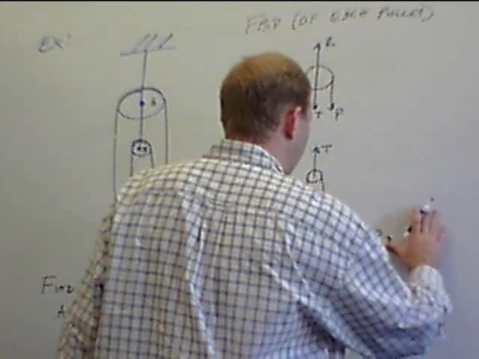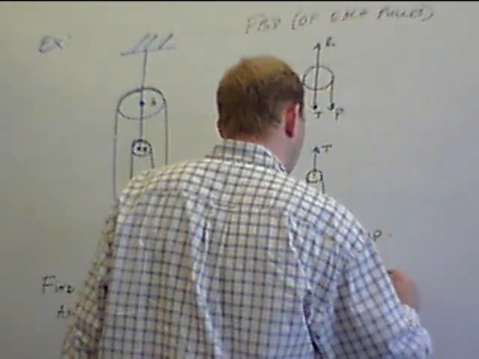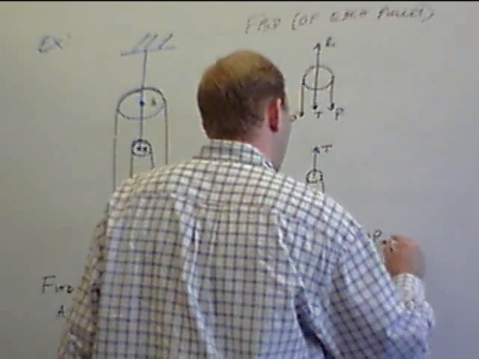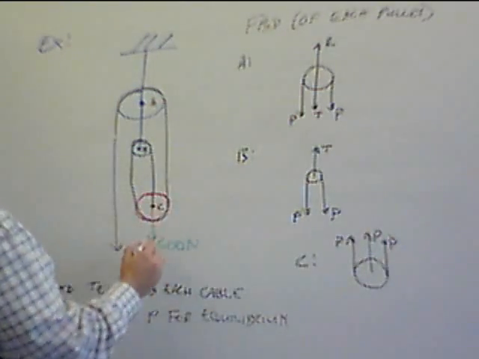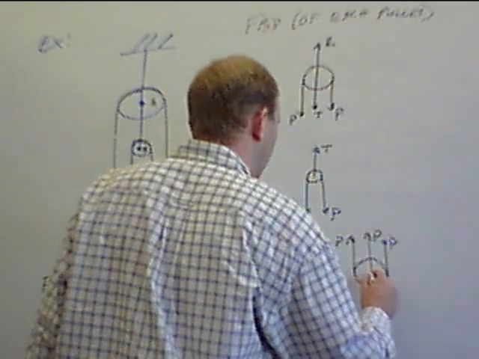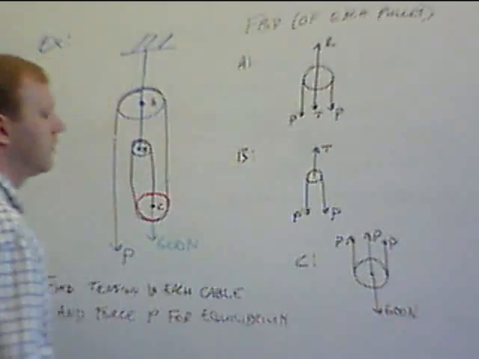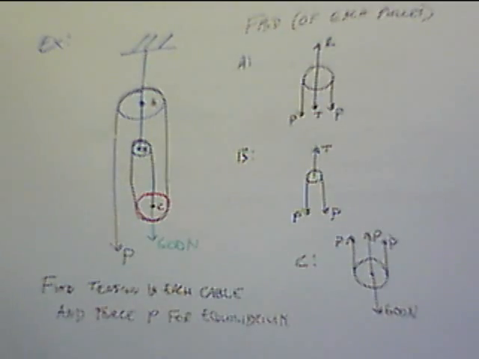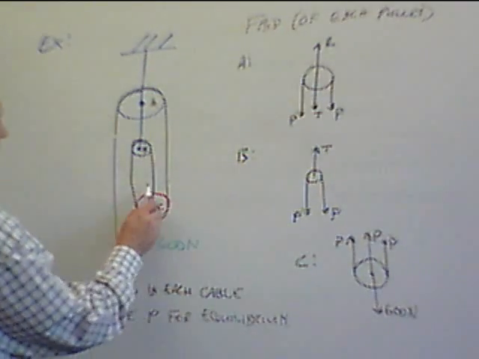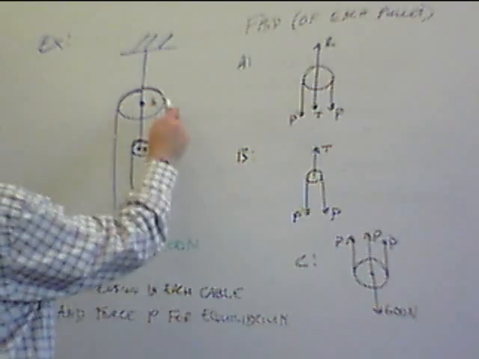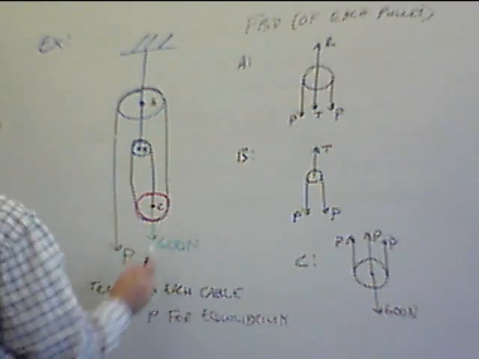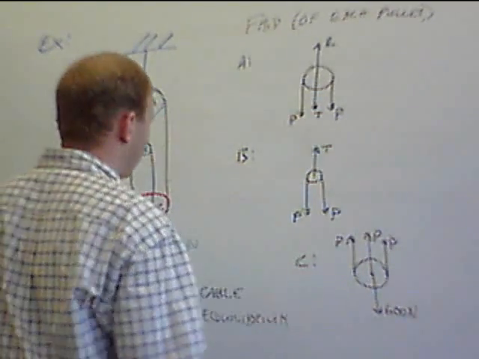It should be straight up and down, I'm just having a problem with the arc. Force P over on this side, and then we have 600 newtons down. So here we have 3 points where this longer cable with tension P is connected, and then we have the 600 newtons hanging downward.